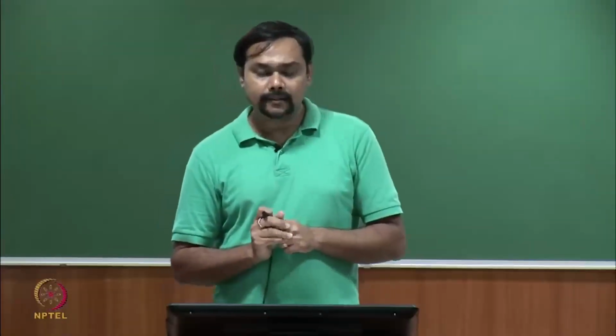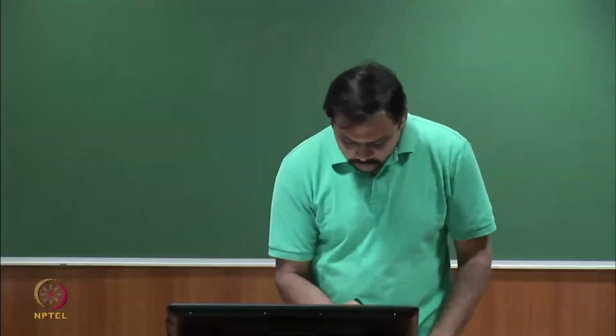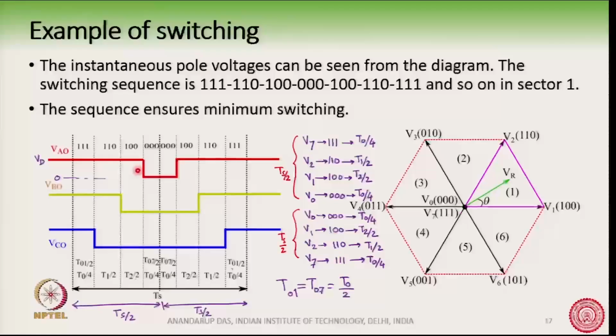So, here we see that the A phase, during the entire Ts time period, was turned on here, I mean turned on means the upper switch was turned on, and then the upper switch is turned off here, the lower switch is turned on here, and then the upper switch is again turned on.